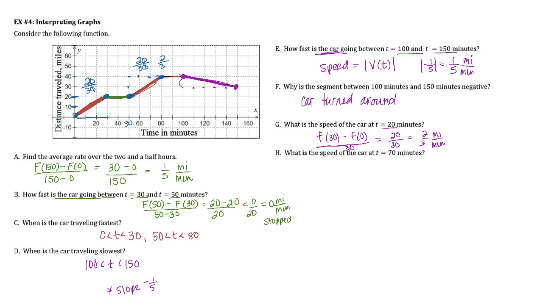All right, and so at 20 minutes there, the speed, now we could change that over if you wanted to and make it miles per hour. Let's see, if we wanted to do that, that's 2/3 miles per minute. So we know that there's 60 minutes in an hour, right?